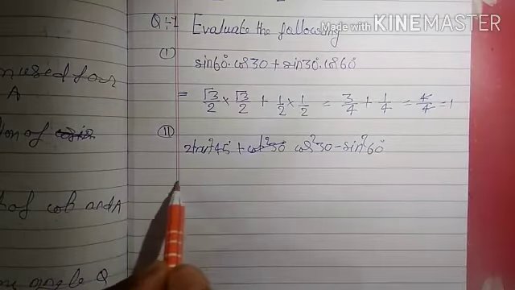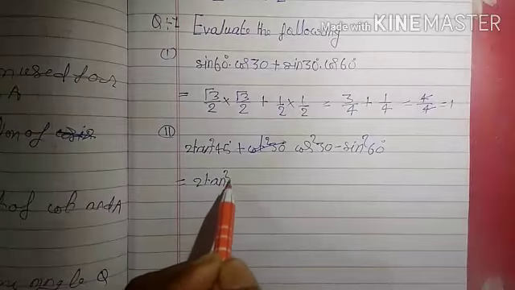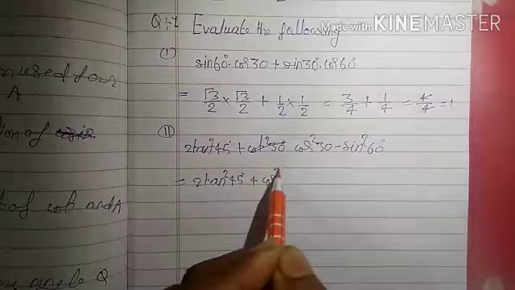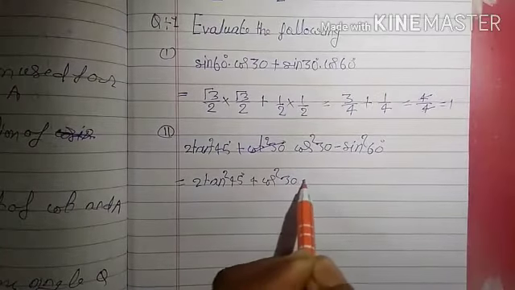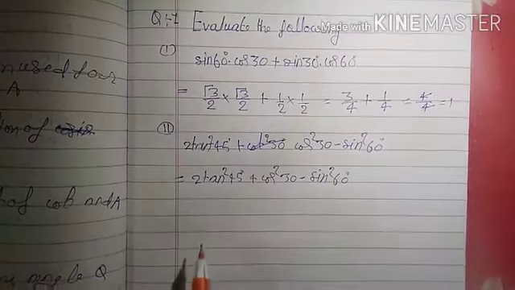So 2 tan square 45 degree plus cos square 30 degree minus sin square 60 degree.